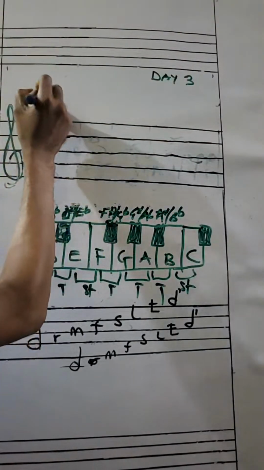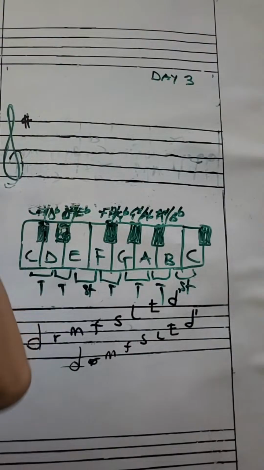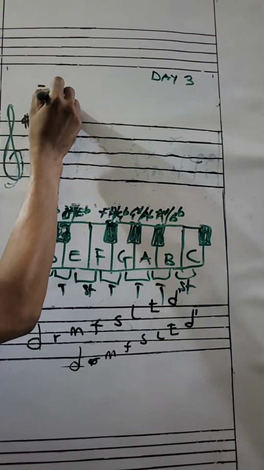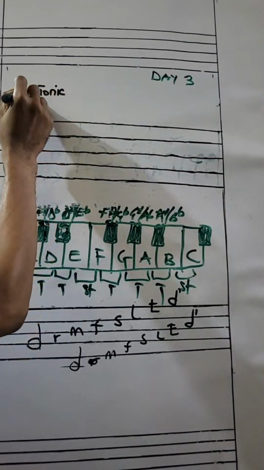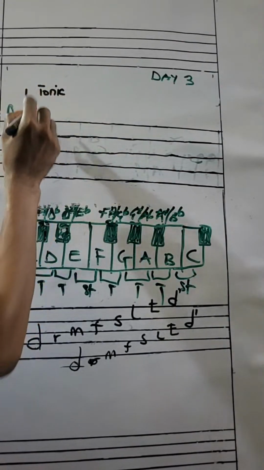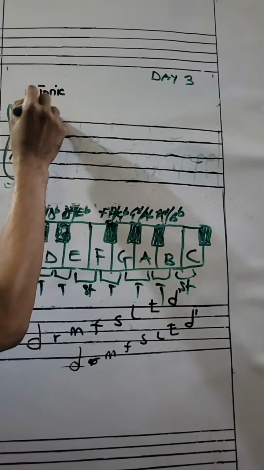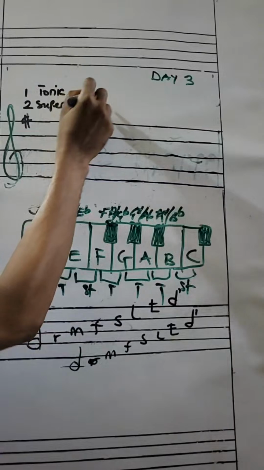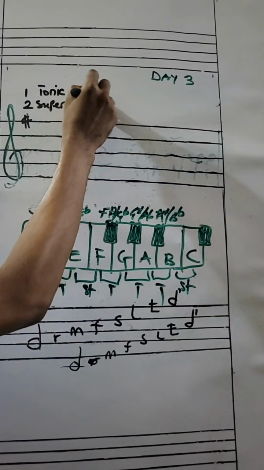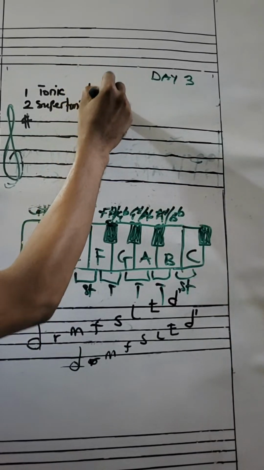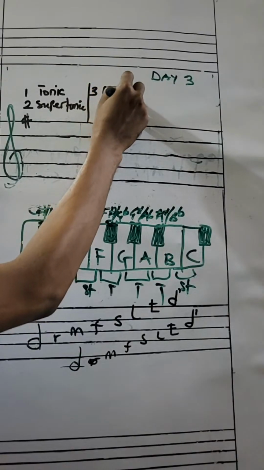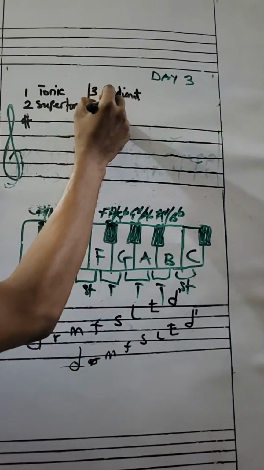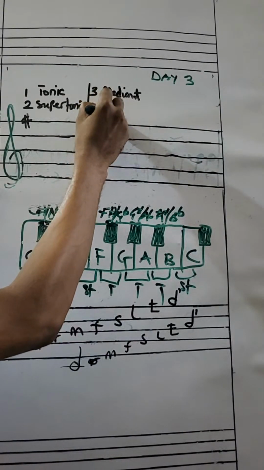Now we have your first degree is called your tonic. That is your do. Your second degree is called your supertonic. Your third degree is called your median. Your fourth degree is called your subdominant.